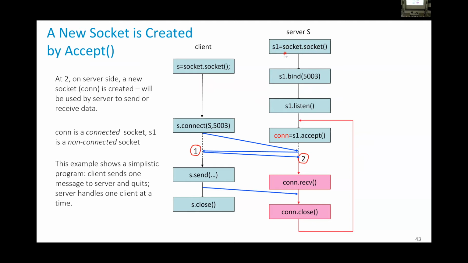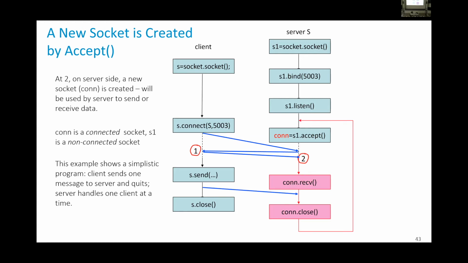So we have S1, which is the socket used by the server to receive the connection requests, the SYN packets. As soon as one connection request, one SYN packet, is consumed, another socket is created, and it is on this other socket that we can do useful work, that we can send or receive information here. So this new socket is a different socket.